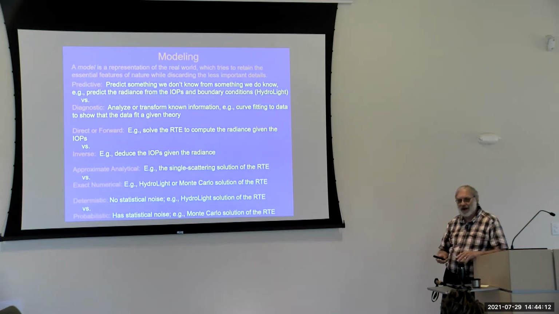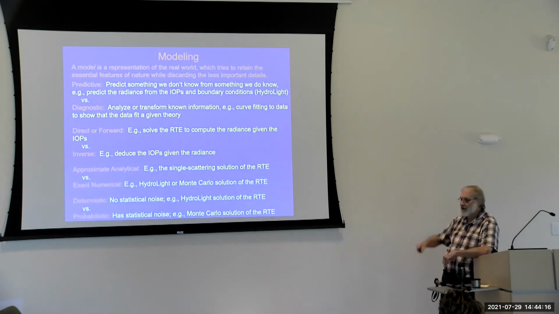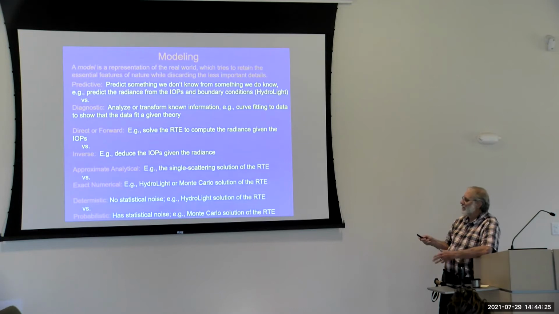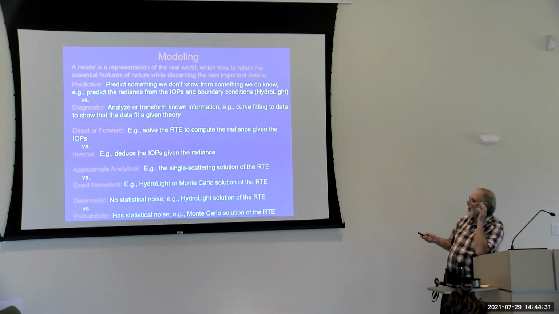Or I could have a mathematical model that solves all the hydrodynamics equations and predicts it, given what's going on in the ocean, given the river inputs, given the wind and so forth. So models can either be physical or mathematical. They can be predictive models, which says, I'm going to predict something that I don't know from something that I do know.